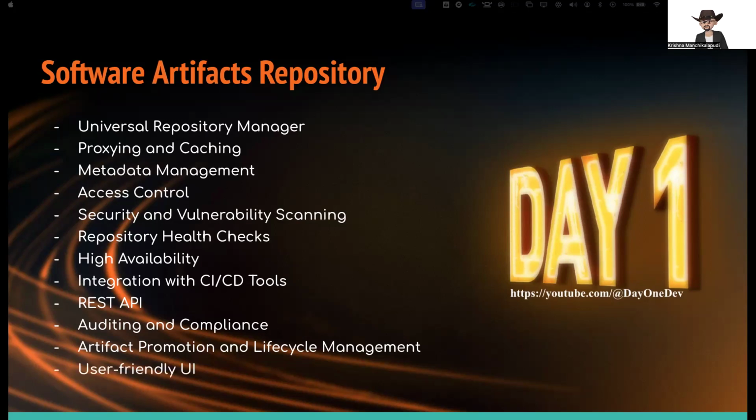And finally, you need a web user interface, especially for administrators. It will help you to browse artifacts or configure settings, making it easy for your users to interact with the repository and perform certain tasks for administration purposes.